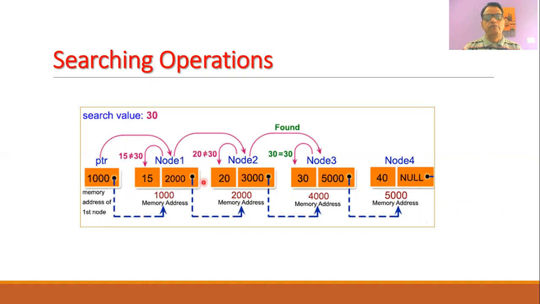The next element has the value 20, and again we can easily find that 20 and 30 do not match, and therefore we will go to the next element. And now here we can easily find that the search value and the data value of this element match with each other, and therefore it is not necessary for us now to continue the search.